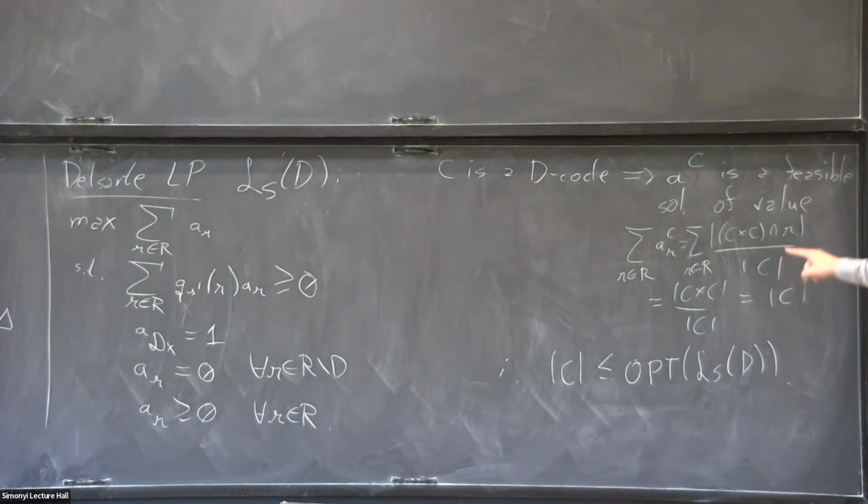The whole point is to use exactly this Delsarte LP to provide upper bounds for codes.